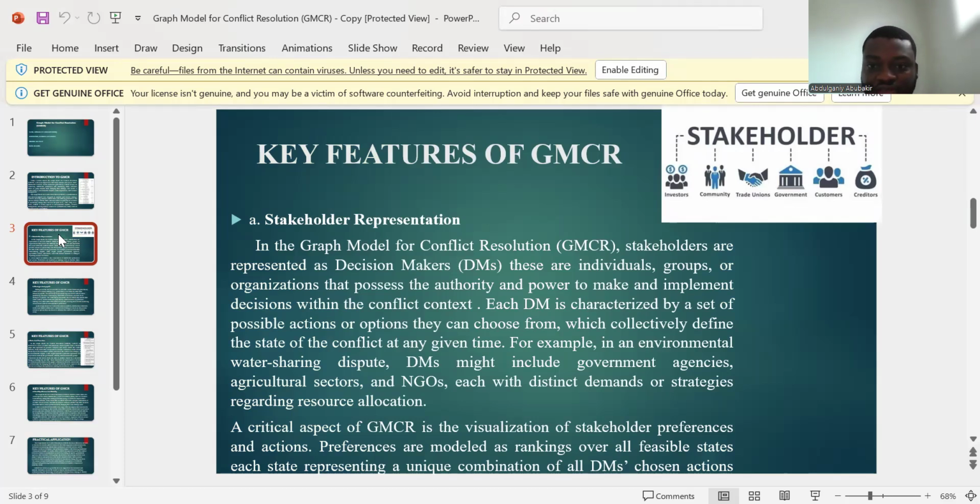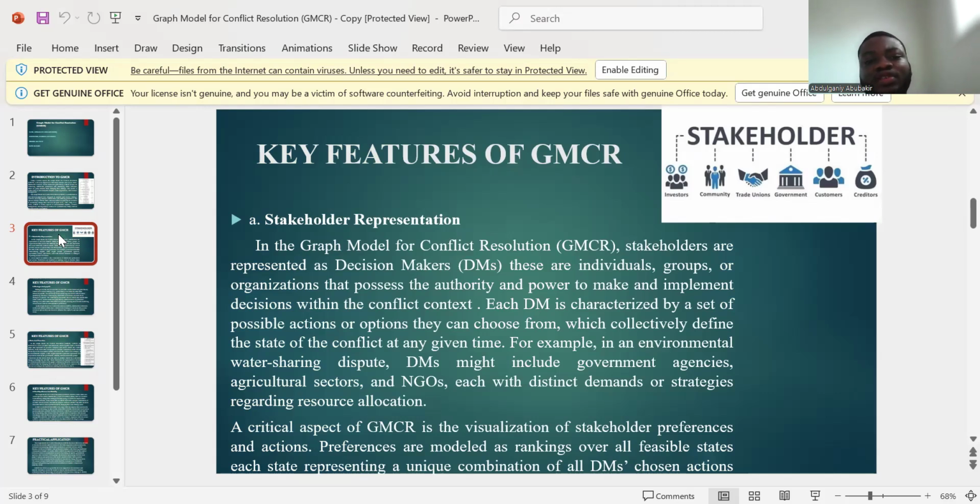Stakeholders can be investors, communities, consumers, customers, trade unions, governments, creditors. This implies investors when it comes to trade negotiations; communities, when there are disputes in communities, maybe water pollution disputes or so; governments, when there are major conflicts between various governments; in business, manufacturers and customers, the retailers. GMCR works through all sectors of life.